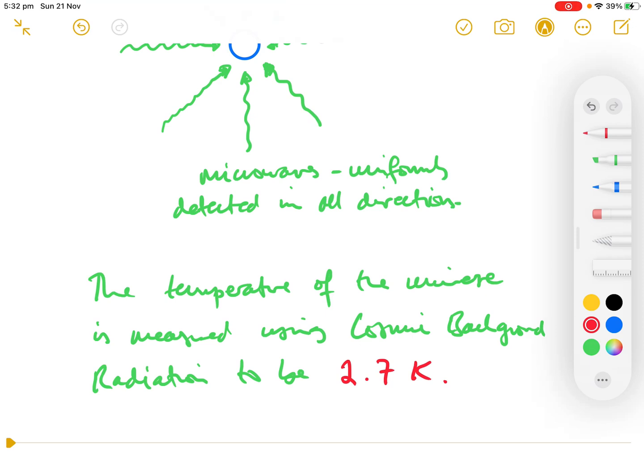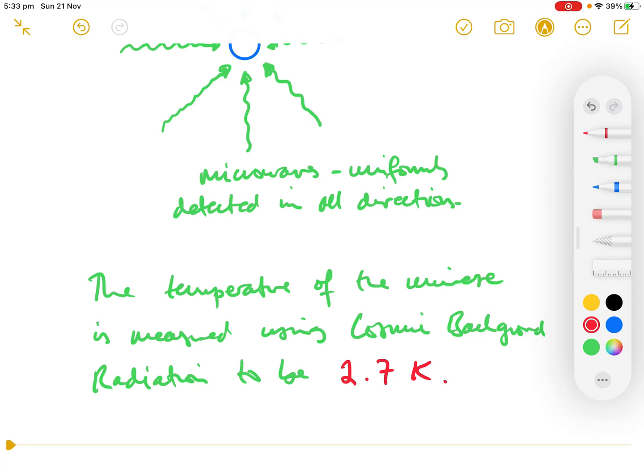Now 2.7 Kelvin is pretty cold. So the universe at the moment is really very, very cold. So we mean the universe as a whole, the sort of average, if you like. So we're not talking about the centre of stars where it's incredibly hot, but outside of them, the temperature is very, very cold, much colder than it would have been at the start of the universe, at the Big Bang.